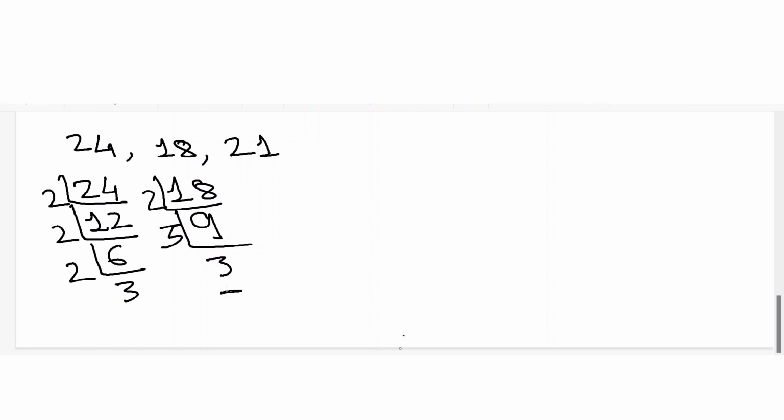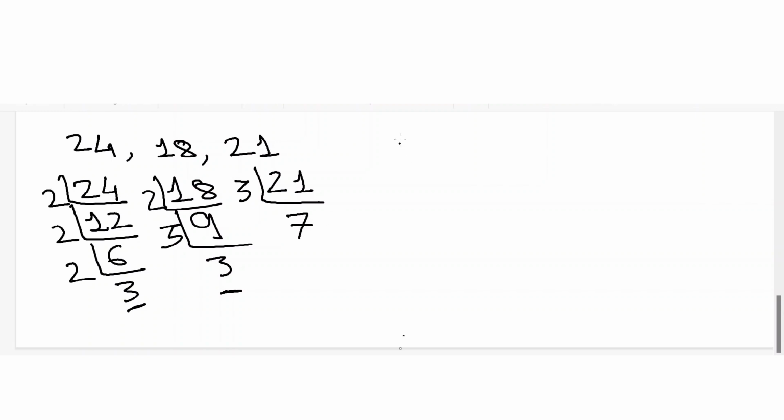Now 3 is a prime number. We cannot divide 3 anymore. The next number is 21. The first prime number which 21 can be divided by is 3. So 21 divided by 3 equals 7.